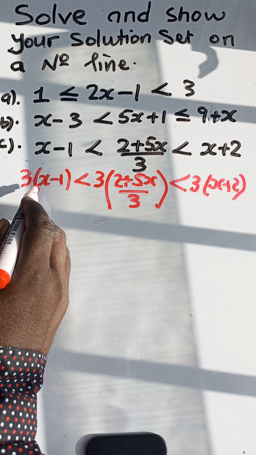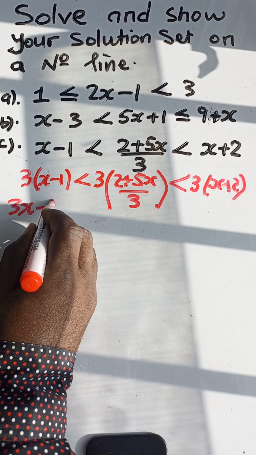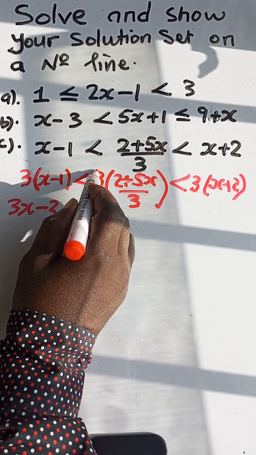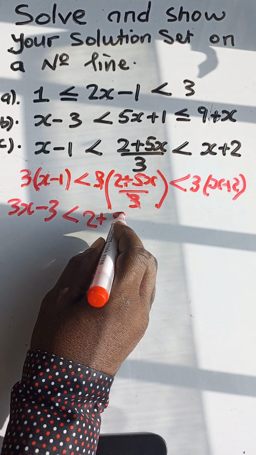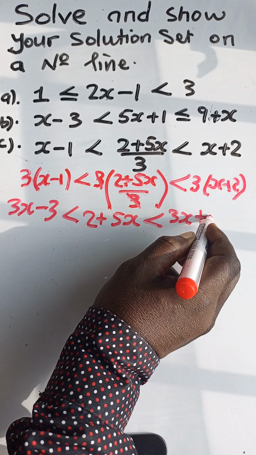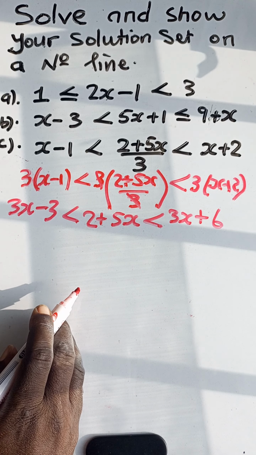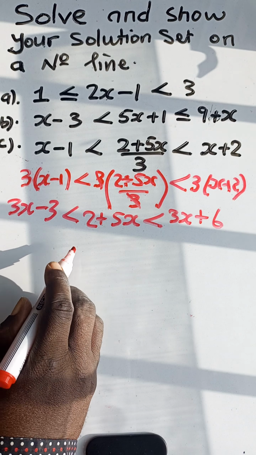We open the bracket: 3 multiplied to x is 3x, 3 multiplied to negative 1 is negative 3, less than, this 3 cancels, we have 2 plus 5x, less than 3 multiplied to x is 3x, 3 multiplied to 2 is 6.